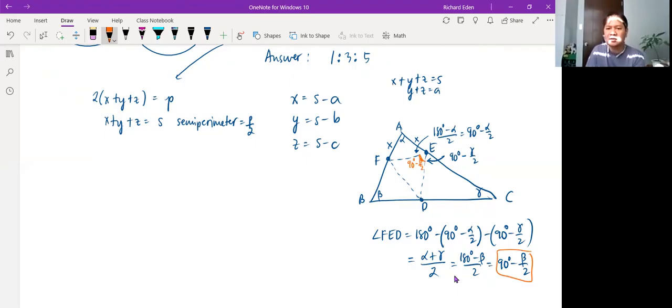But I see that it's the same as this one and also the same as that one. So as far as similarity is concerned, you're right, it's not going to be similar because the angles of DEF are not alpha, beta, gamma, but really 90 minus alpha over 2, 90 minus beta over 2, and also 90 minus gamma over 2.